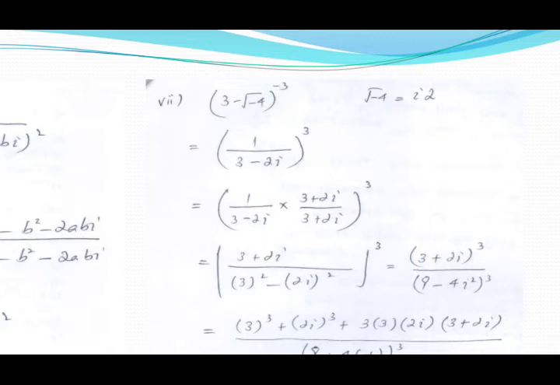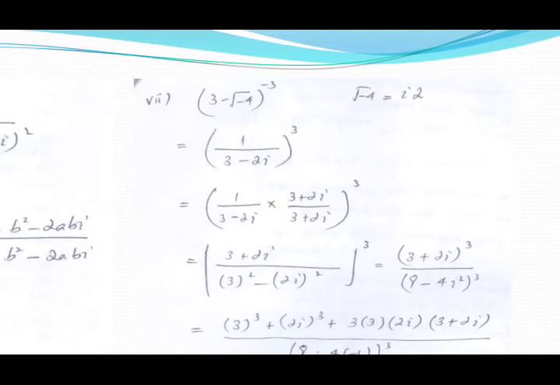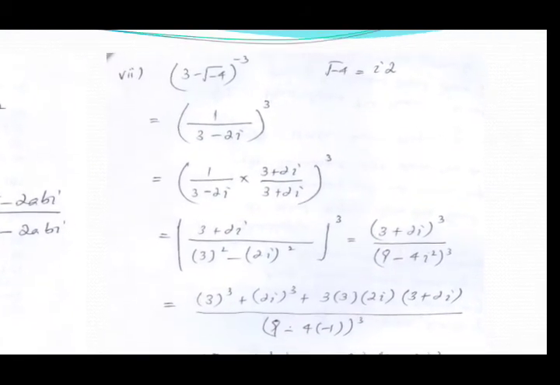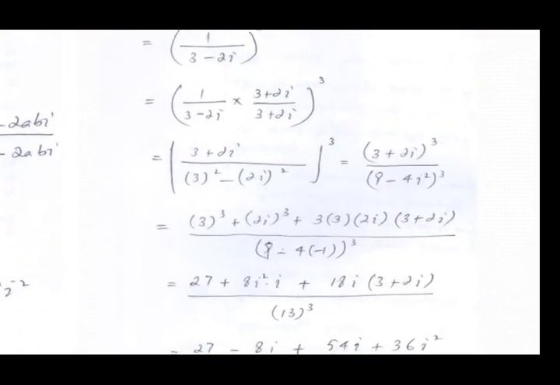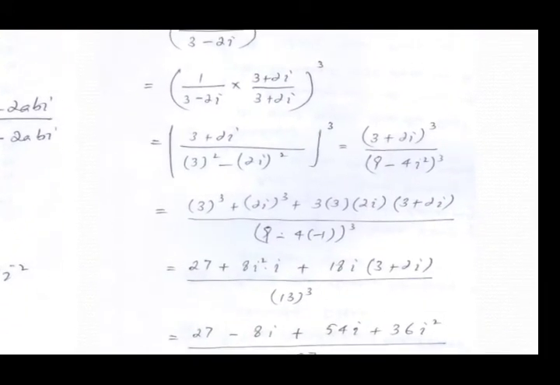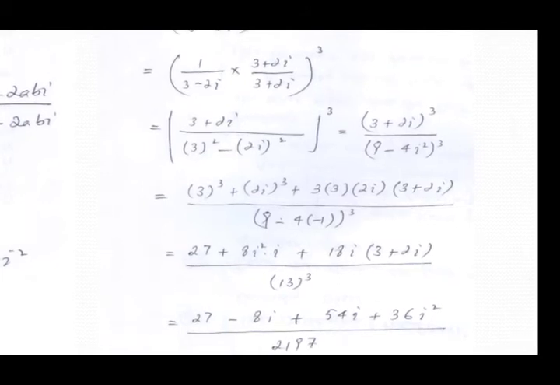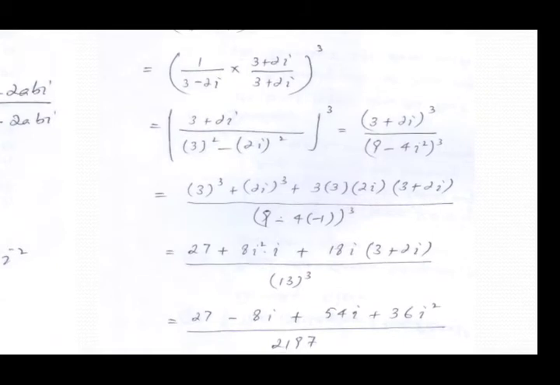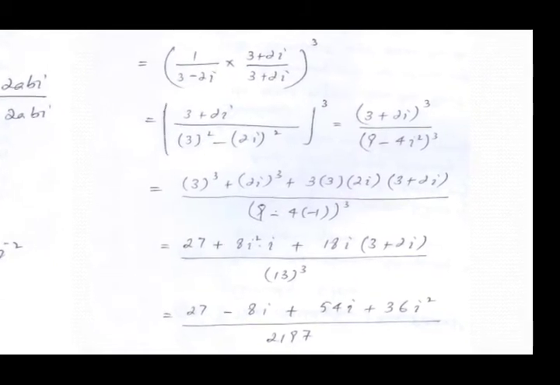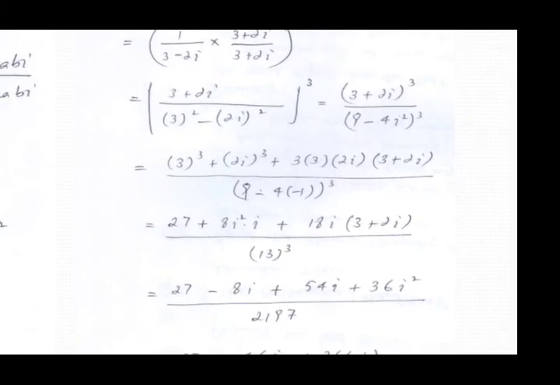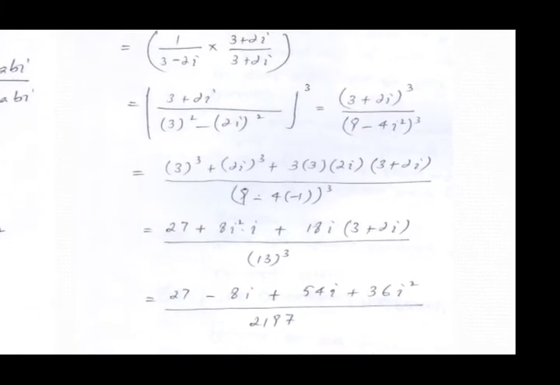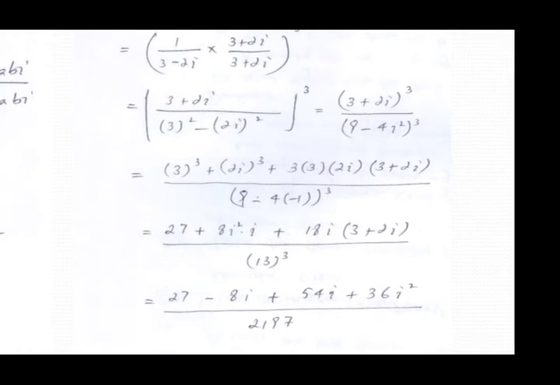Square root of minus 1 is iota, and the power is minus 3, so it becomes 1 over 3 minus 2 iota whole cube, and then rationalize these values. 3 plus 2 iota whole cube in the numerator, and in the denominator we apply a square minus b square and its cube. We apply the same formula of cube, a cube plus b cube plus 3ab in bracket a plus b, and then simplify.